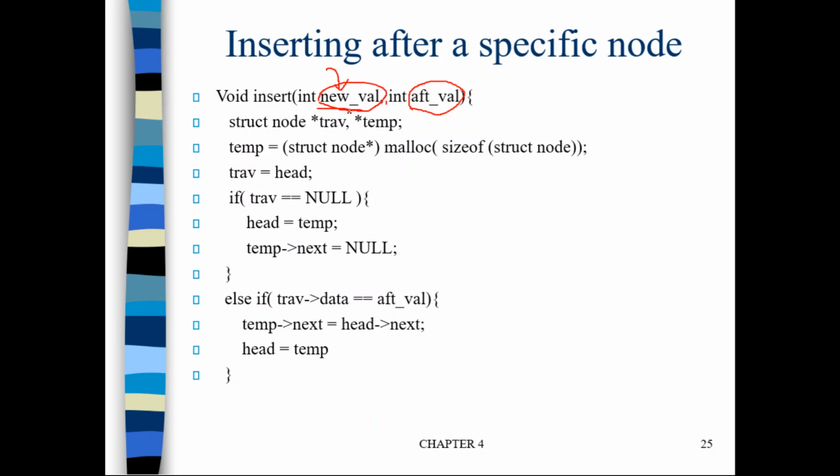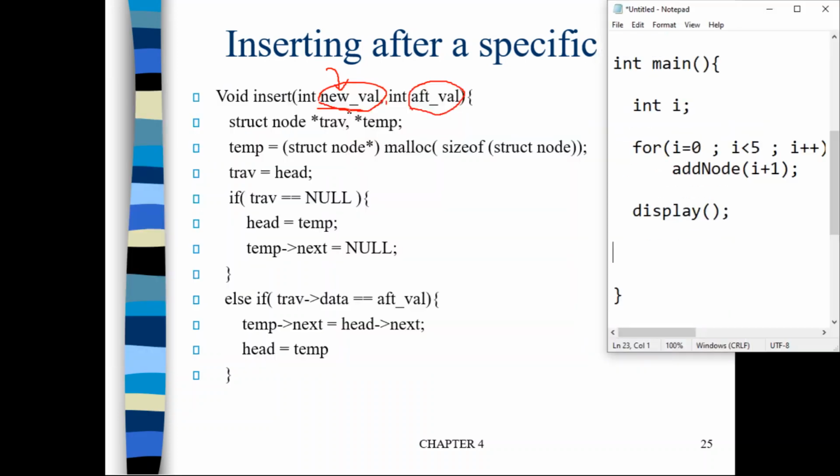So how can we call this function? If I want to add a new node after node 3 and before node 4, and the new node's value is 35, then I should call insert 35, 3. 35 is the new val, the value of the new node, and it should be added after the node whose data part is 3.